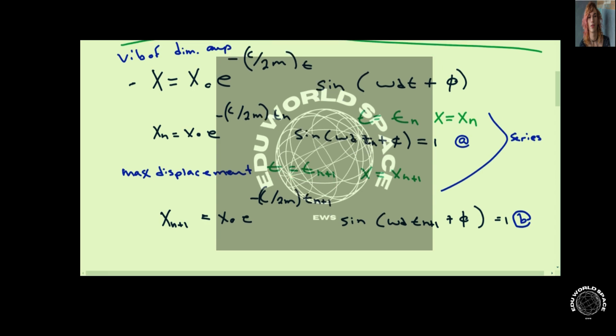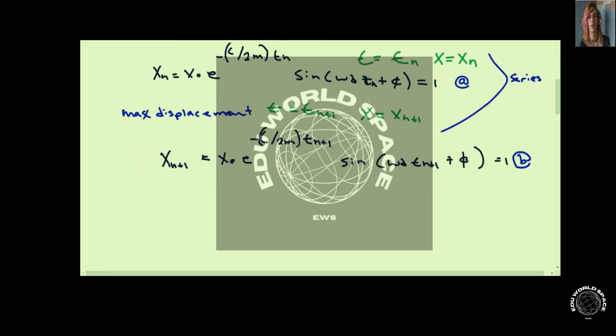I'm just going to scroll down. From this, we're going to set our w d tn plus 1 equal to our w d tn. We're saying A and B are equal from the inside here, minus the phi part. If we do this, we end up with 2 pi.